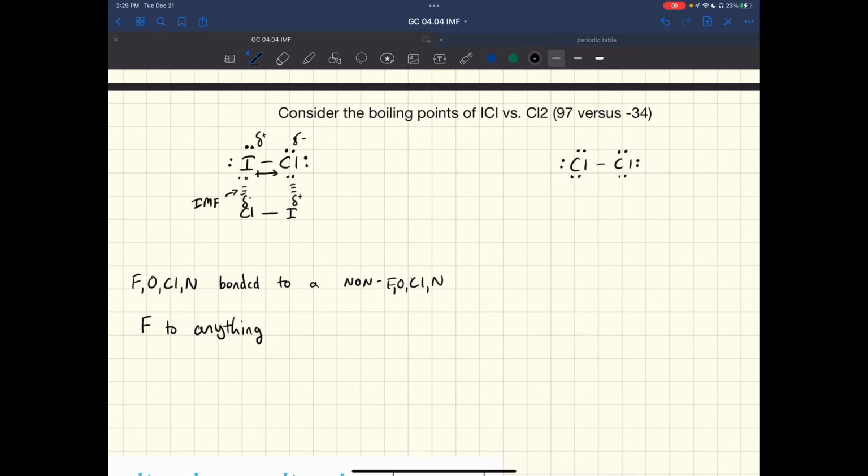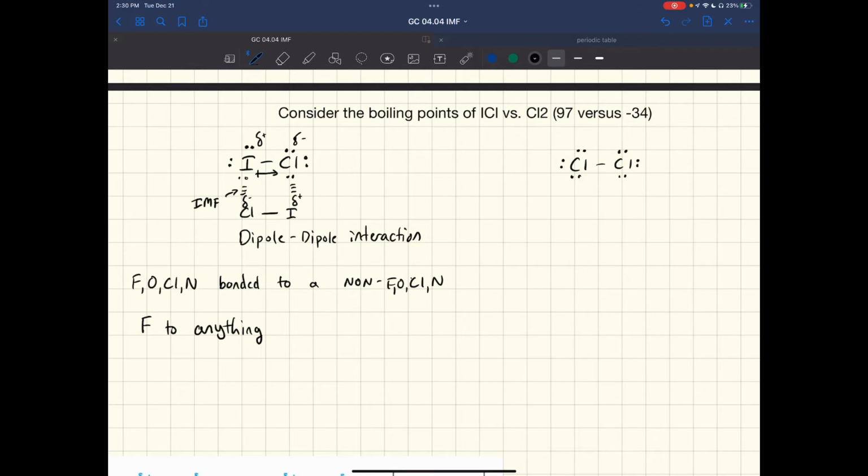So this is one dipole, the dipole of one molecule interacting with the dipole of another molecule. So this is a dipole-dipole interaction. And if you remember from a couple slides ago, this is the second strongest interaction.